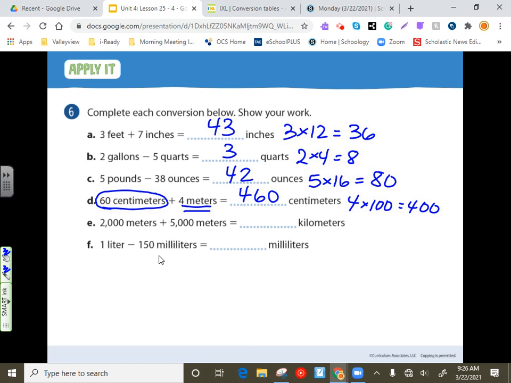2,000 meters plus 5,000 meters are how many kilometers? I know there's 1,000 meters in 1 kilometer. So this is 2 kilometers, and this is 5 kilometers, which gives me 7 kilometers. So there we go.